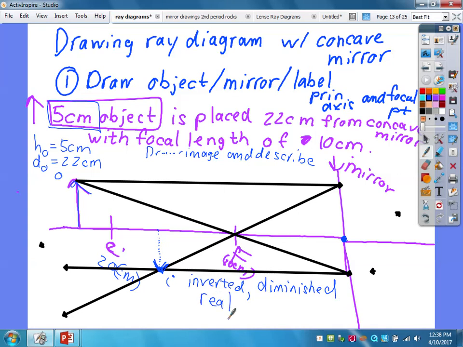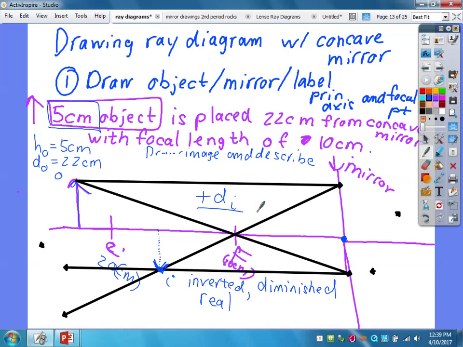This is going to be a real image because these are real light rays. The light reflects back. It's created by two real reflected light rays. It's real. The other reason, knowing this, is on a mirror, anything to the left of the mirror, of the y-axis, is considered positive image distance.